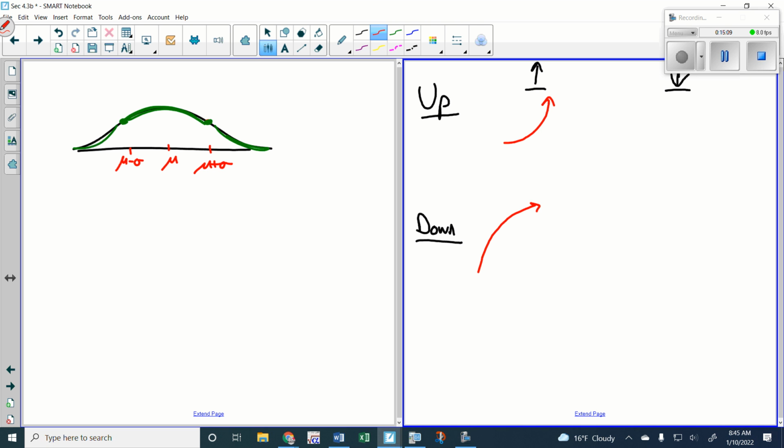That's increasing, but it's concave down. Still increasing, concave down, increasing, concave up. You could have decreasing, concave up. You could have decreasing, concave down, which would be like that.